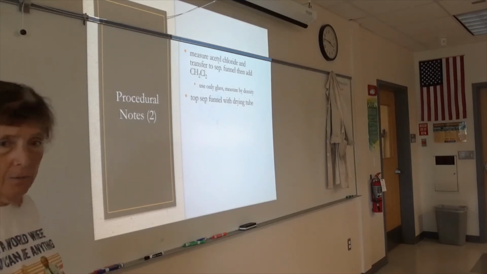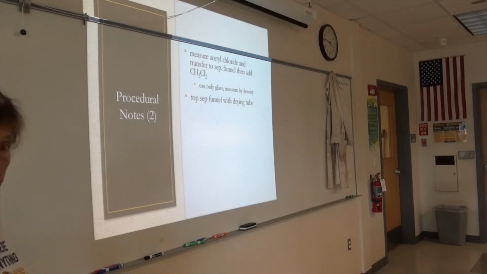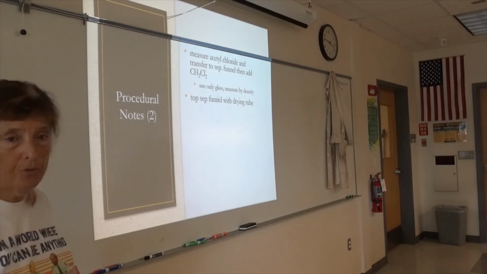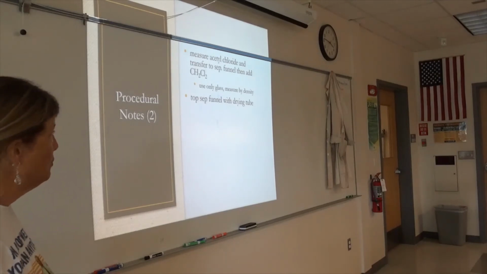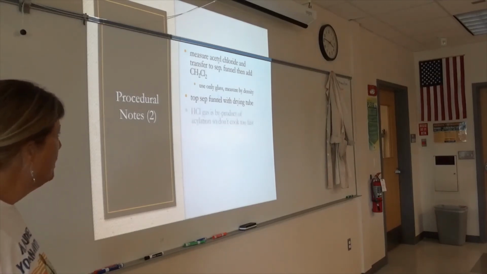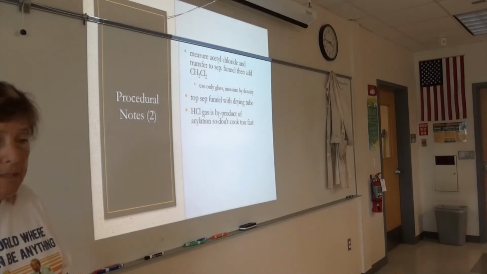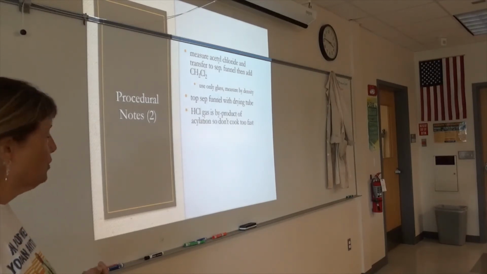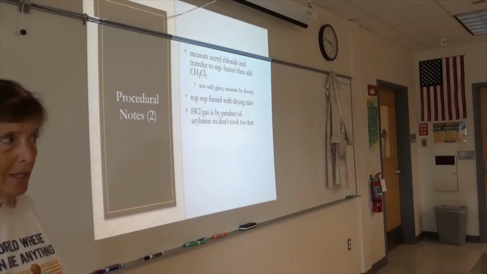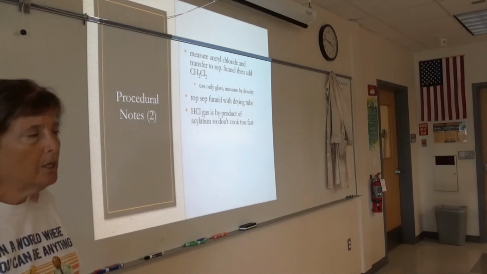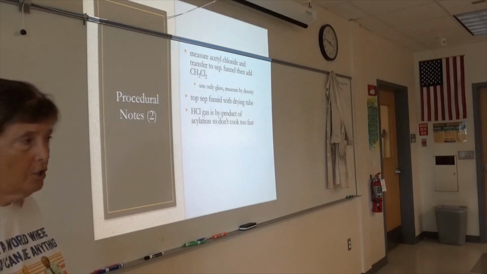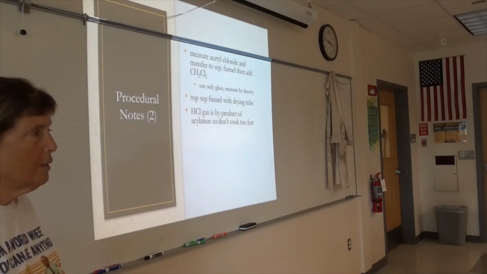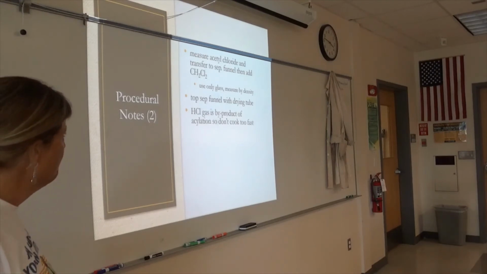The funnel will need to be topped with a drying tube, not your stopper, else it will create a vacuum. The same thing is true for your reflux condenser, so you'll have 2 drying tubes. As we said during the mechanism, hydrogen chloride is a side product, so don't cook it too fast. You don't want the HCl getting out of the condenser. Yes, you'll have your drying tube with bicarbonate in there to neutralize it, but let's not take any chances.